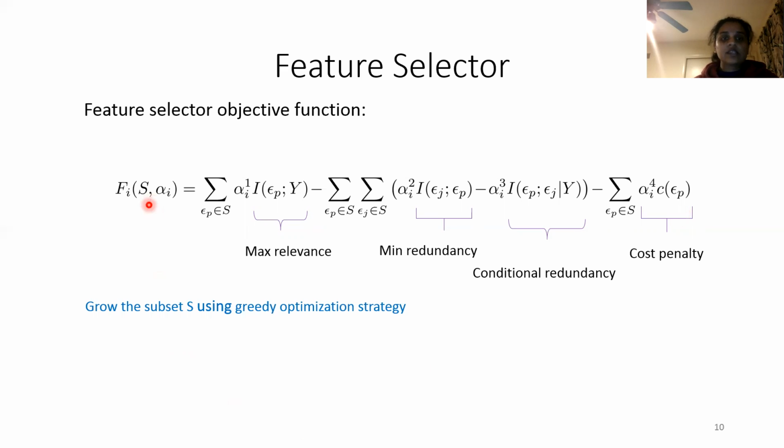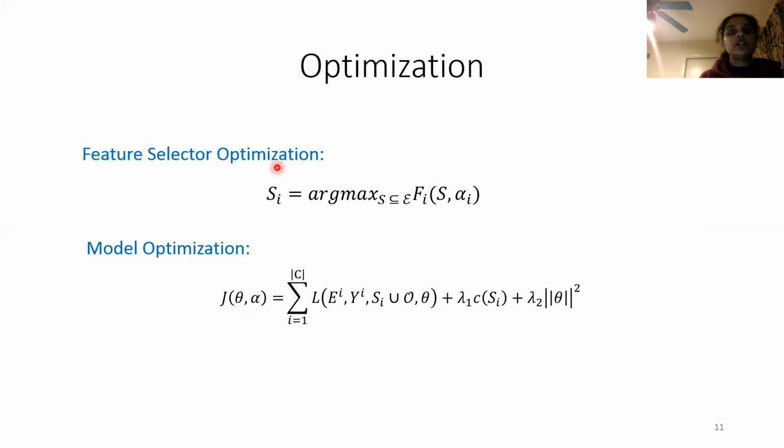We grow the subset S using a greedy optimization strategy, where we start from an empty set and at every step add the feature from the elicitable set which gives the maximum gain with respect to this particular objective function. Moving on to the optimization part. The feature selector optimization function selects the best subset from the elicitable set, which maximizes this objective function, as already discussed previously, for every cluster.